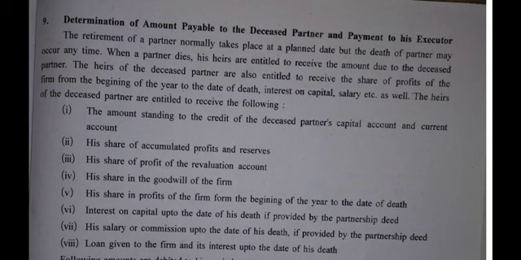It occurs suddenly. It can occur any time. So, how do we deal with the accounting procedure of a partnership firm in such a case? They say, when a partner dies, his heirs are entitled to receive the amount due to the deceased partner. Obviously, if a partner meets death, the amount is to be given to his heirs.